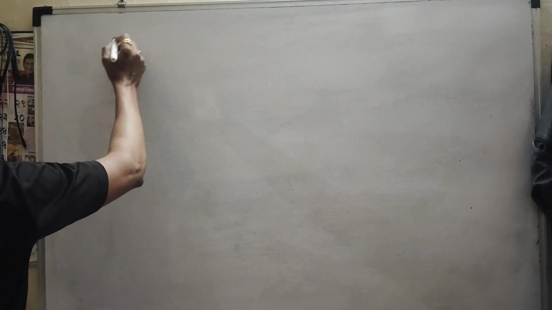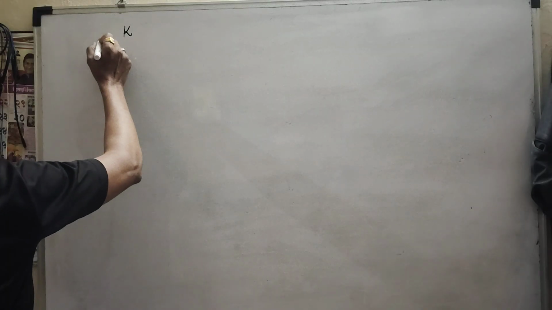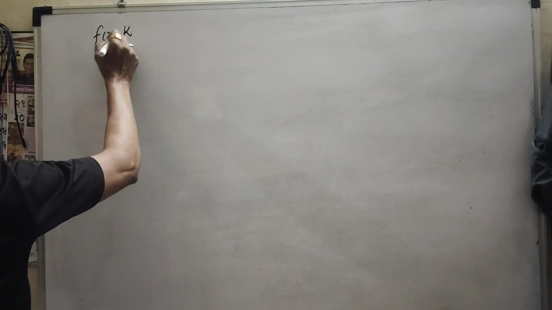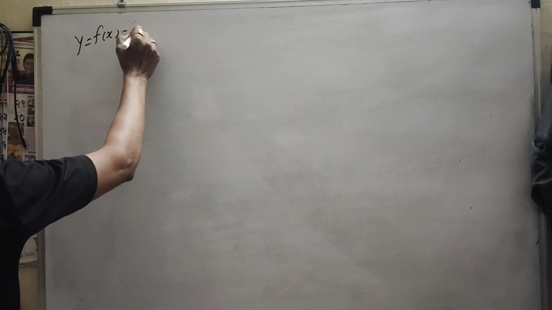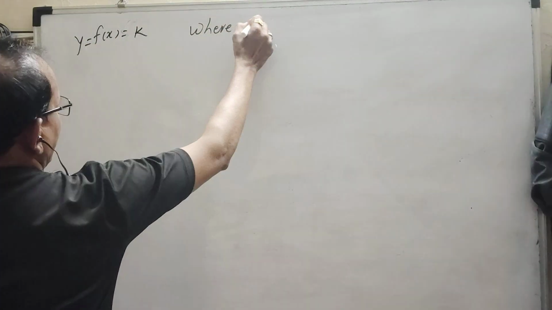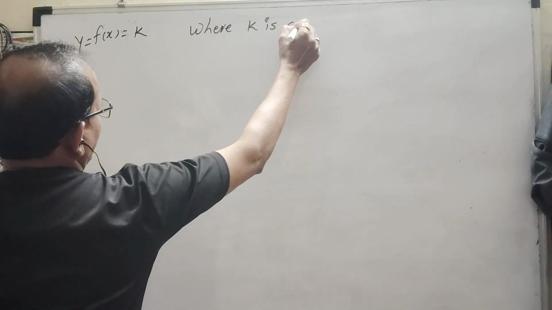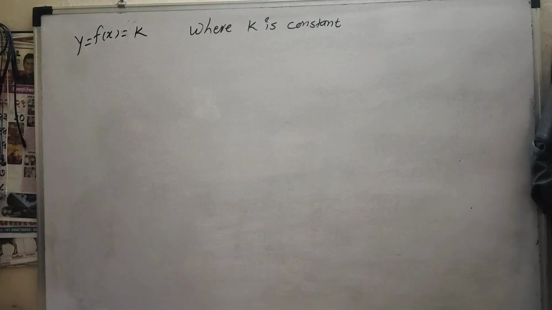Suppose y is equal to f of x is equal to k, where k is constant. Here k is constant, that is 1, 2, 3, 4 like this number. K is any number.